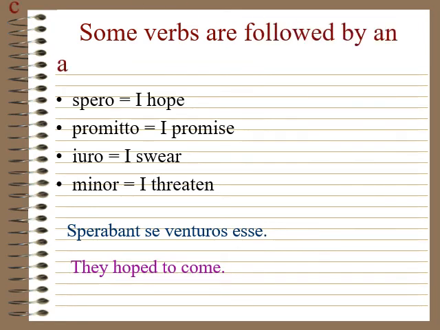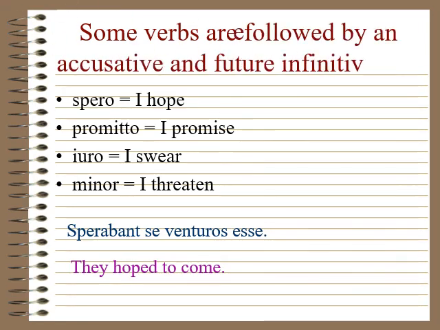And a couple more. Some verbs are always followed by an accusative and a future infinitive because that's just the way they are. Mostly these verbs are things that you can hope for, like I hope one day to be a singer or something.